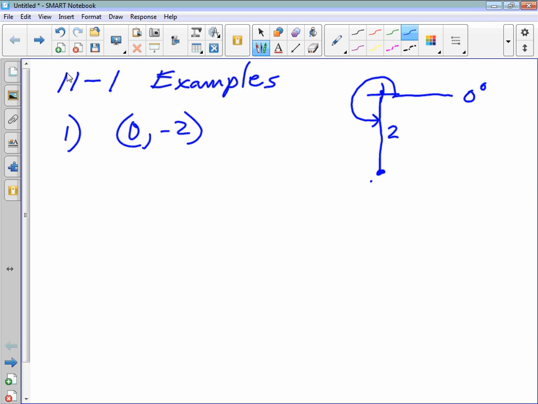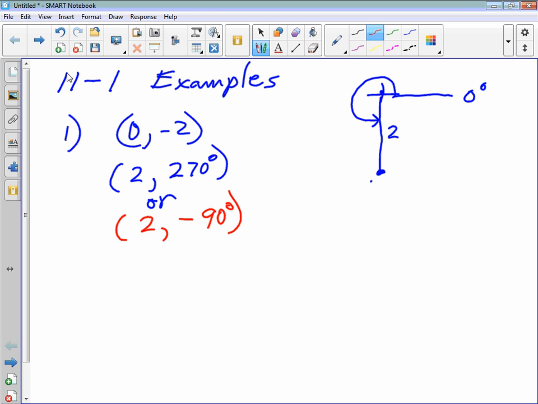So (0, -2) would be the same as (2, 270°). Or an alternate version would be (2, -90°). Or of course you could do it in radians as well.